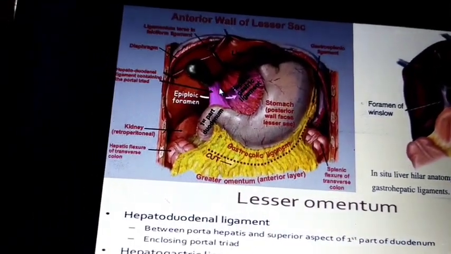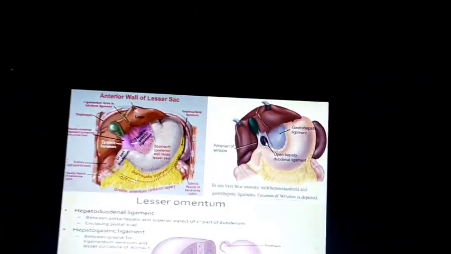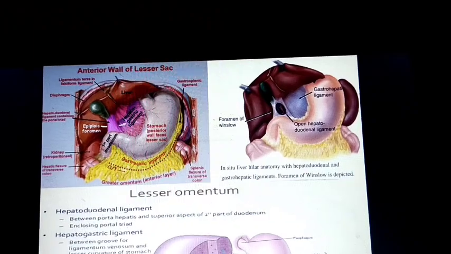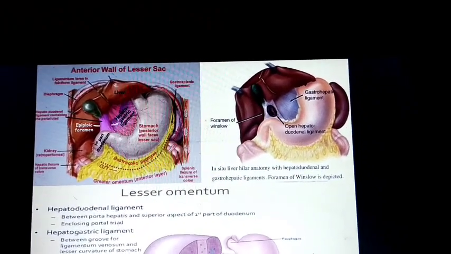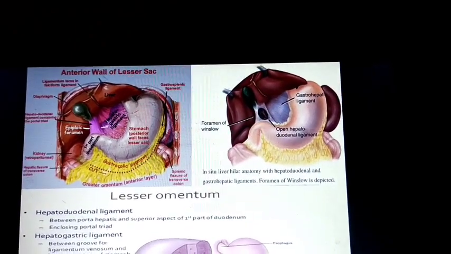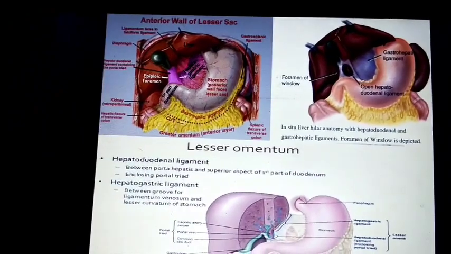Along with this ligament the common bile duct runs. It runs downwards, backwards, further backwards, and now downwards, and joins with the pancreatic duct.